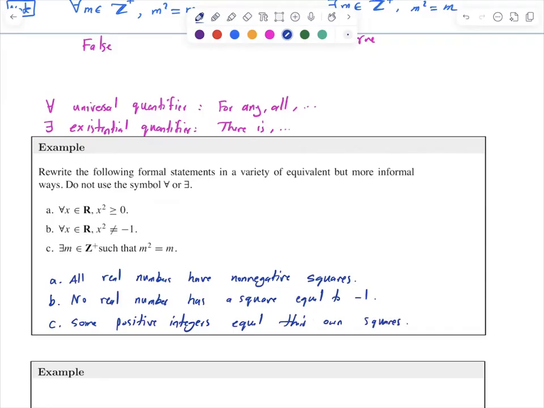So there are different ways to rewrite these statements in English. As you can see, for the first one, I used all. For the second one, I used no real number.